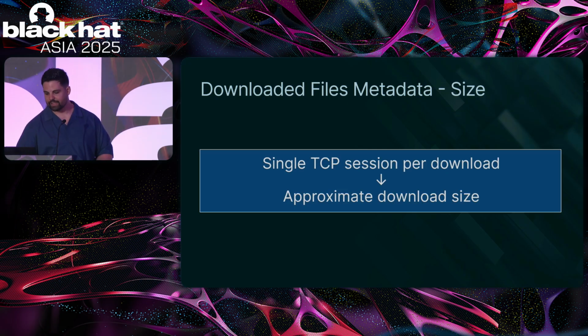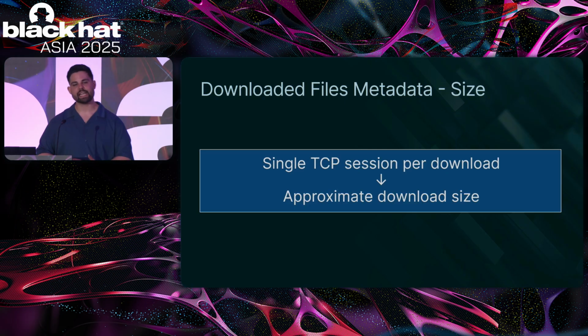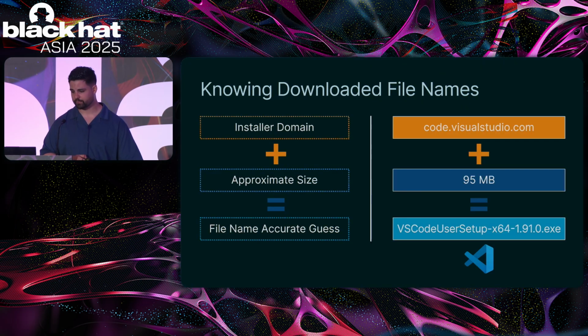Even though encryption might add some random padding, the approximate size of the download stays relatively the same, and also an executable file is very likely to be much bigger than any other resource on the website, any other page on a website.